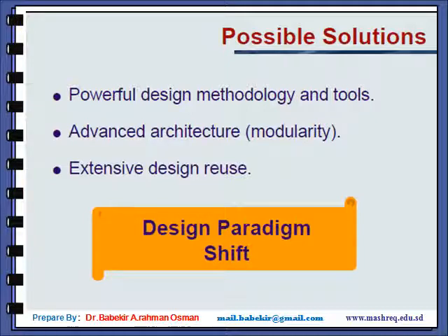Use modular types for advanced architecture, dividing the system into parts or modules for good design. The last point is extensive design reuse, another paradigm alongside modularity for new generations. So the design paradigm shift is used, and this is the summary of possible solutions.